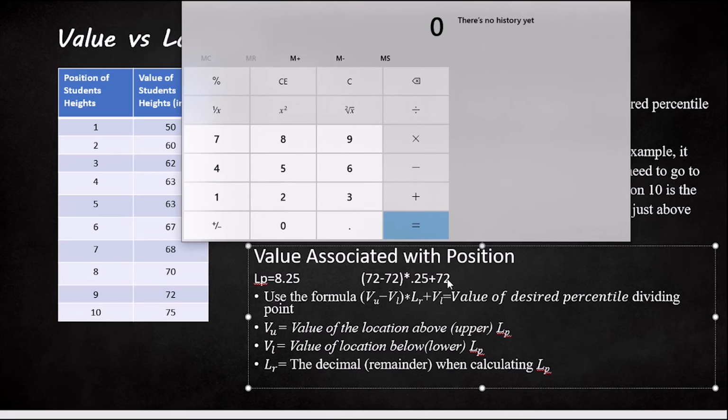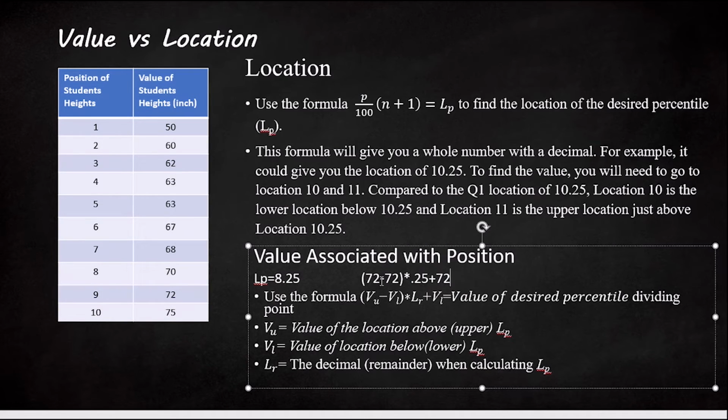We've got 72 plus 0.25 multiplied by the difference. Sorry, I accidentally did 72 minus 70, so I recant there a little bit. So it's 0.25 multiplied by the difference, plus 70. What is the difference between 72 and 70? 72 minus 70 equals 2.